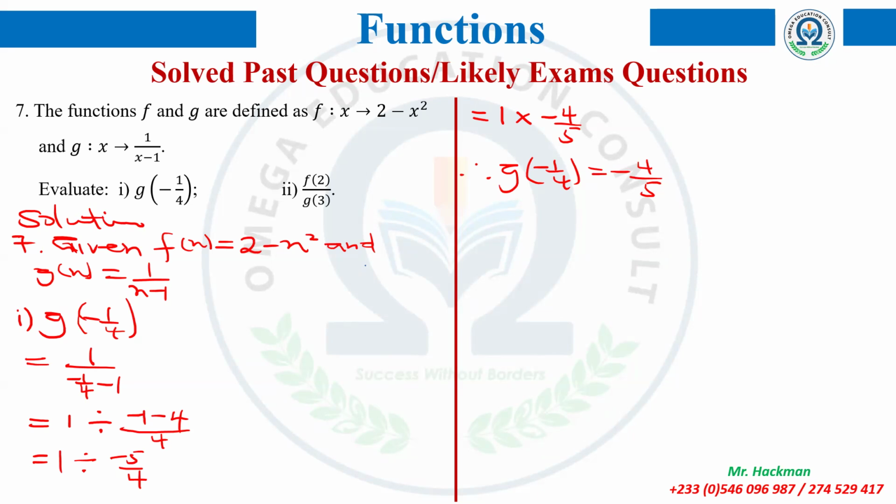Prof. Agnes, is your hand still up? Please, I would like you to explain this part: 1 out of 4 divided by -1 out of 4 minus 1.